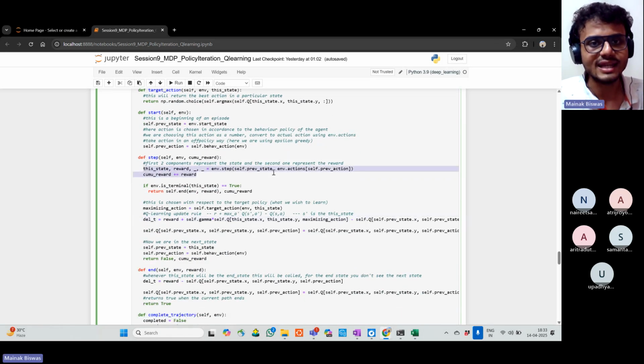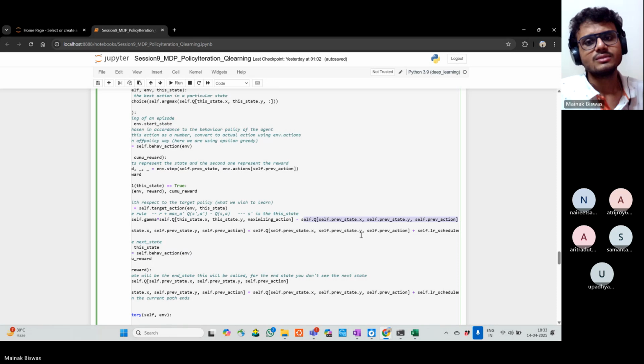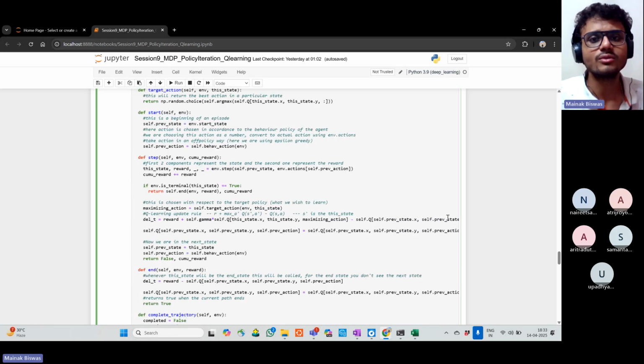You will take a step based on the previous action, right? Given the previous state, you will get the next state, and you will get the reward. And based on the reward, you will select the maximizing actions and subtract the previous state and action value, the Q value function. Is it clear to everyone?